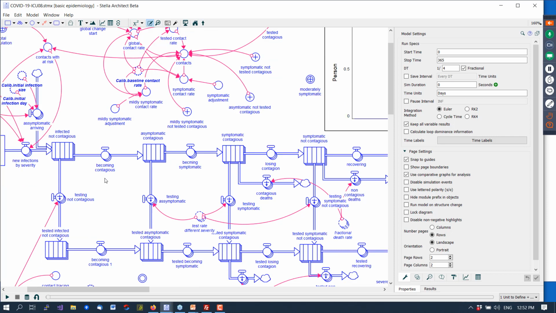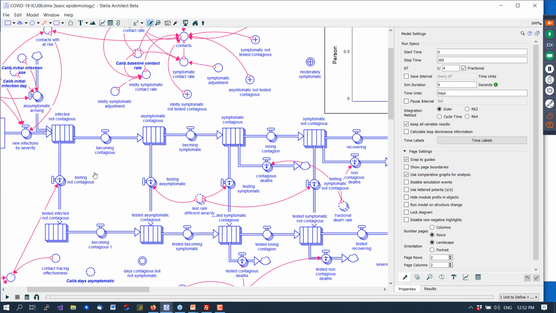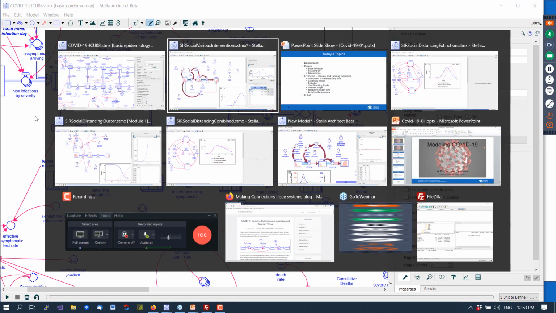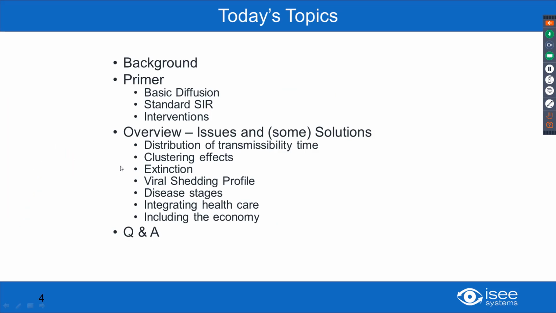And so this epidemiological model, there's a link for it I'll show you in the final slide. And it's being combined with the support system for healthcare, and eventually, if we get there, with some of the economic factors that are being influenced by the epidemic. So that's there, including the economy.